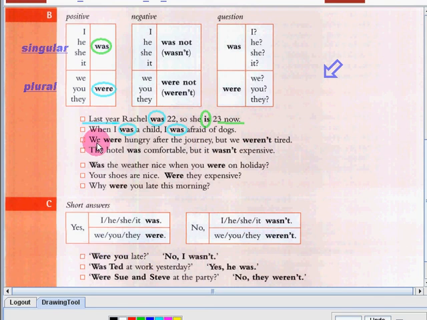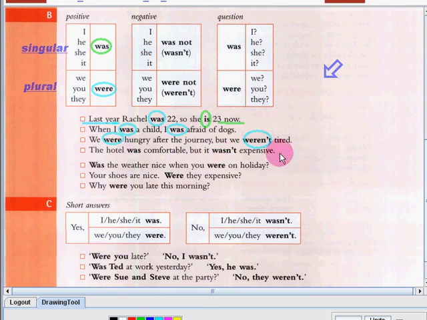Next one. We were hungry after the journey, but we weren't tired. Here, as you can see, we use the verb were. After the journey, the people were hungry, but they weren't tired. So it's already in the past tense.